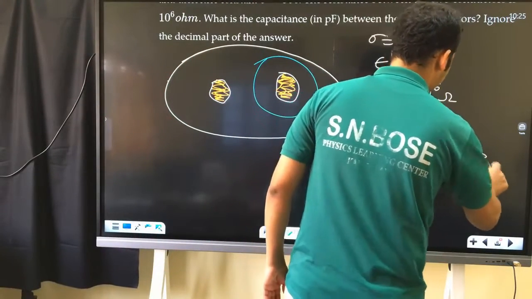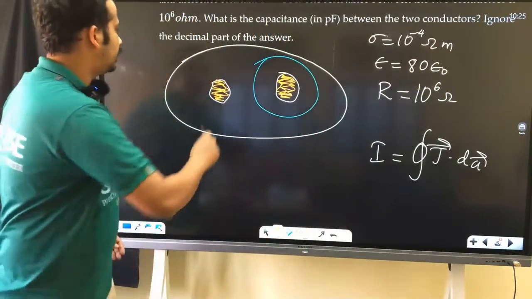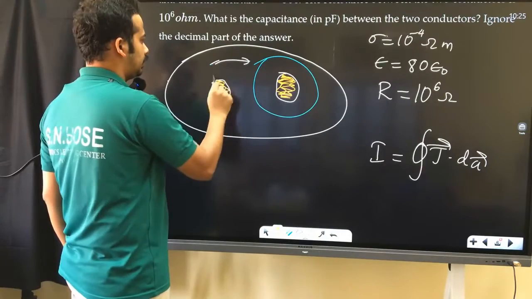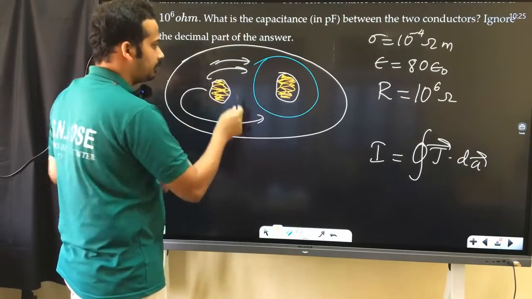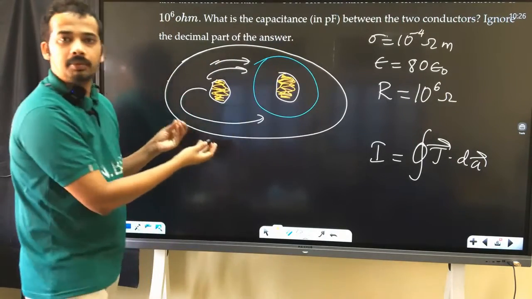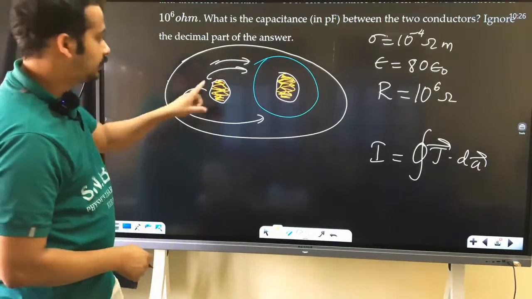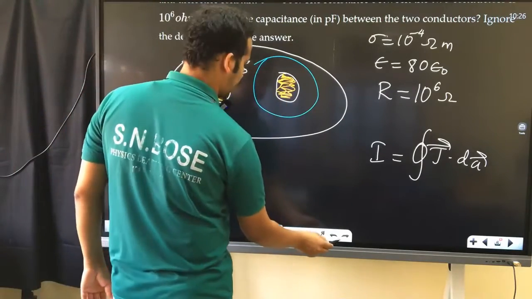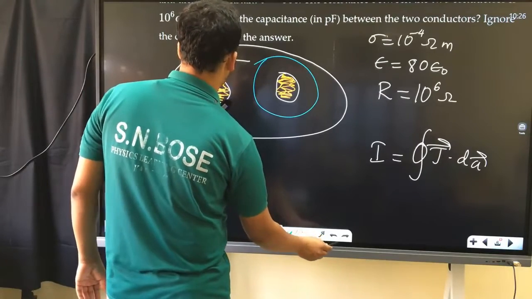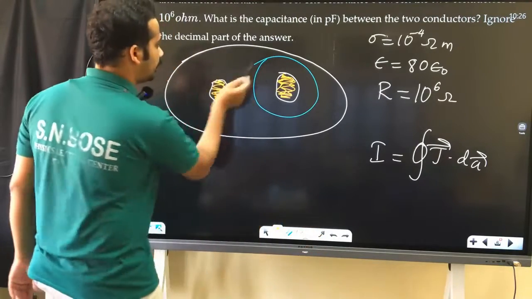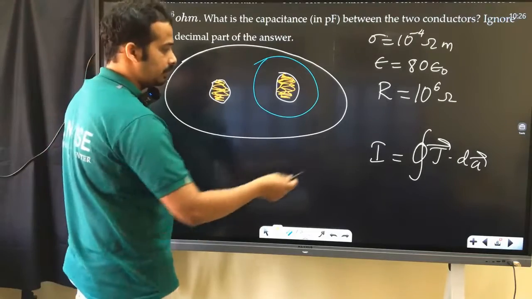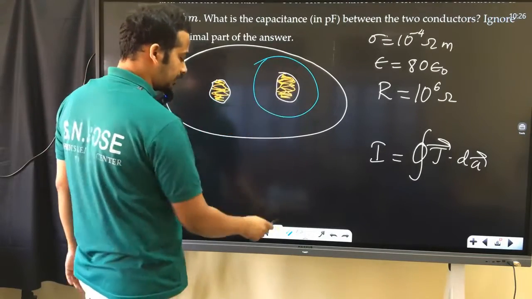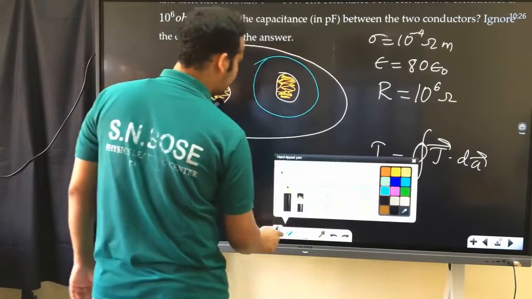Now, the current may be flowing in any manner, like this, because these are all conducting. This is the conductor, and this is the ohmic material around it. Since the charges can flow in any manner, while finding this current, I will completely enclose one of the conductors.